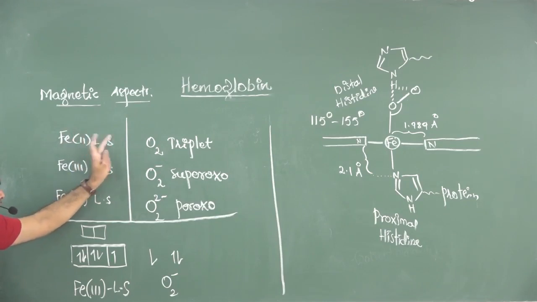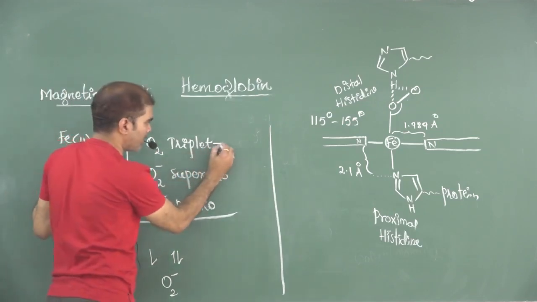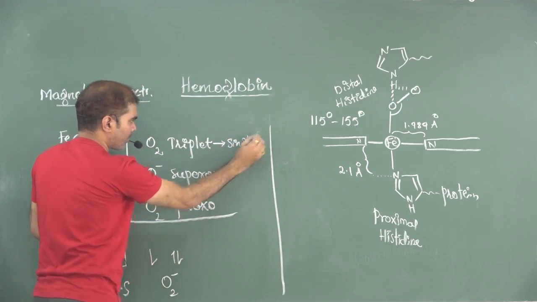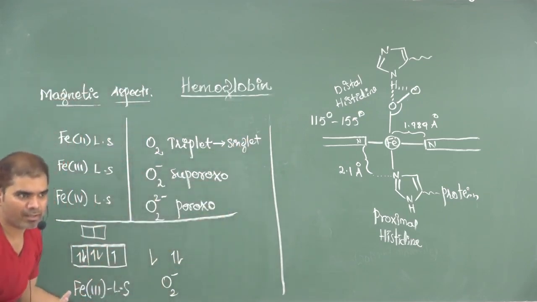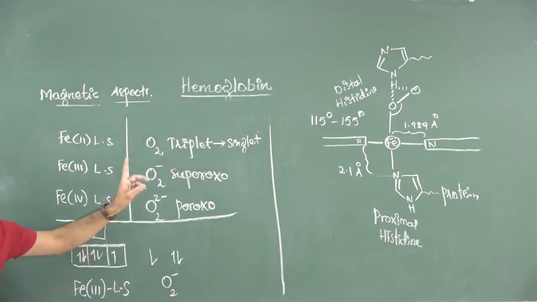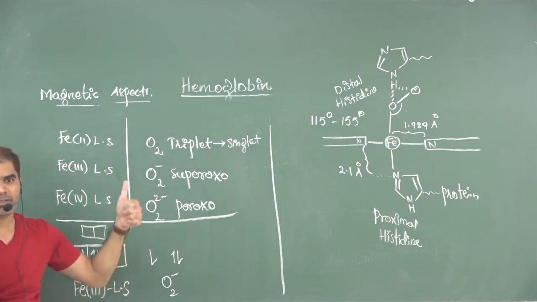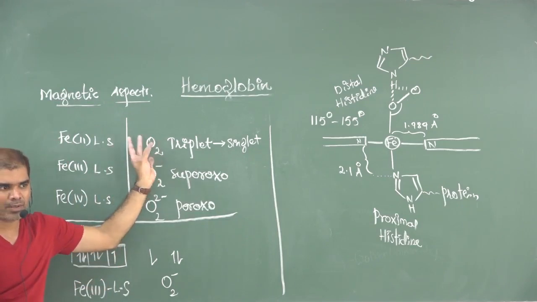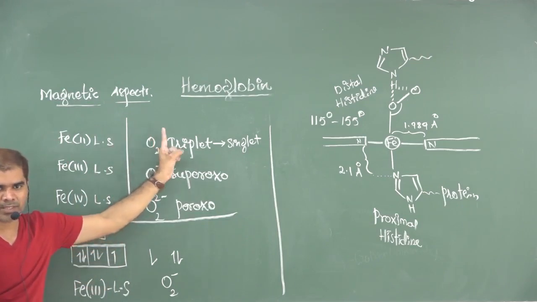If it is iron 2 low spin, dioxygen is present in a triplet state, but the triplet state should be converted into singlet state. Only then it will be diamagnetic, or else you cannot explain why the oxyhemoglobin is diamagnetic. So first proposal, iron 2 low spin, dioxygen not in a triplet state but in a singlet state.